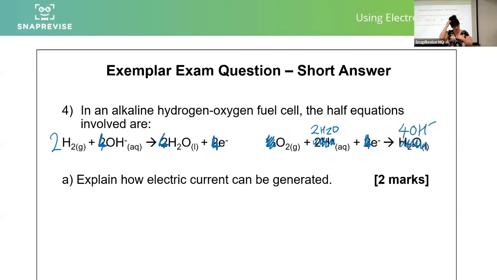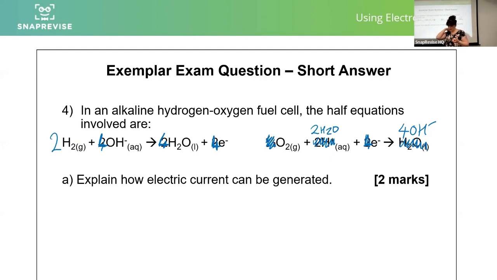It looks like someone's combined half the acidic and half the alkaline fuel cell equation. So apologies for that. It should say 2H2 plus 4OH minus goes to make 4H2O plus 4 electrons, and O2 plus 2H2O plus 4 electrons goes to make 4OH minus.